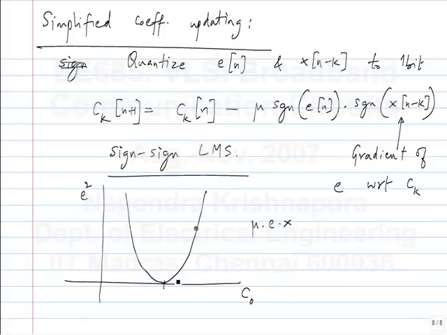So ultimately, in the limit that it actually reaches here, it won't move because E itself is 0. Whereas that's not true when you do sign. You will always have a certain step because you do the quantization. So you can use a small value of mu so that it converges, but it will be chattering between 2 points on either side of the minimum. Maybe 2 or more points.